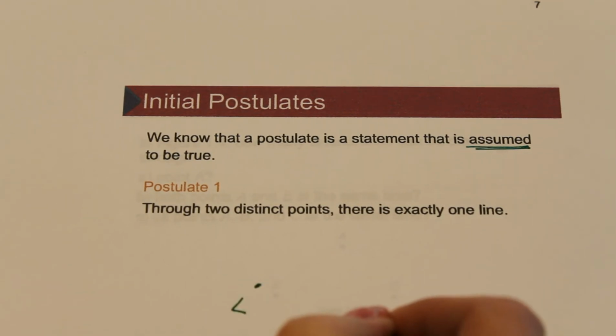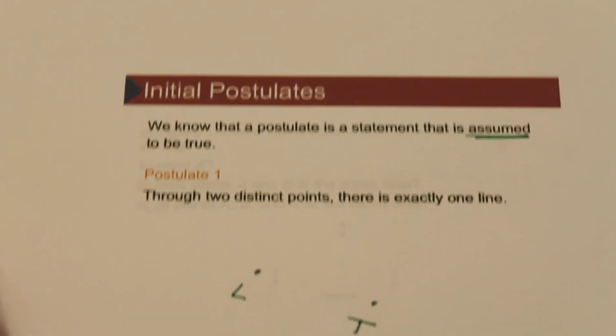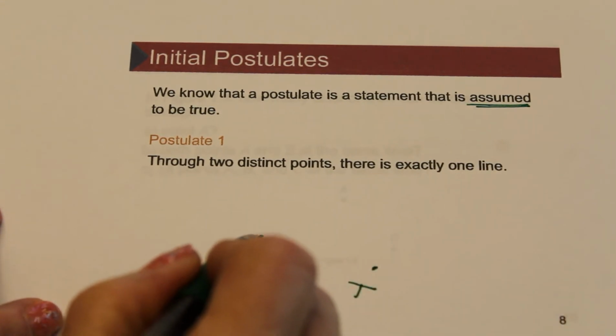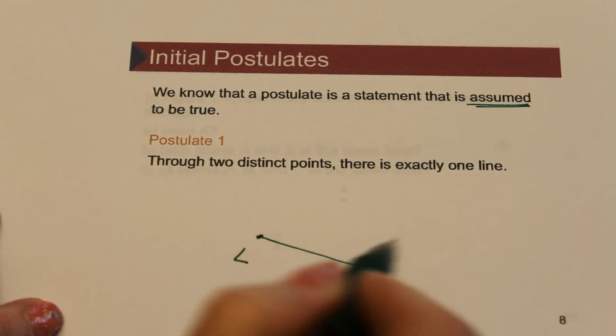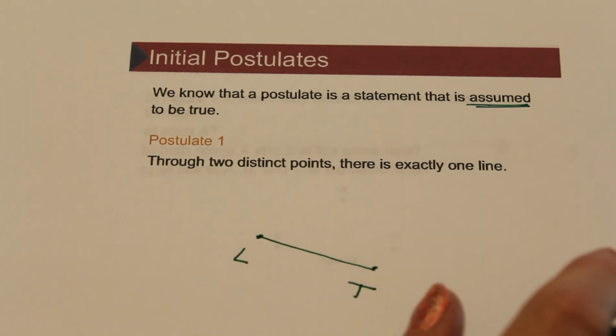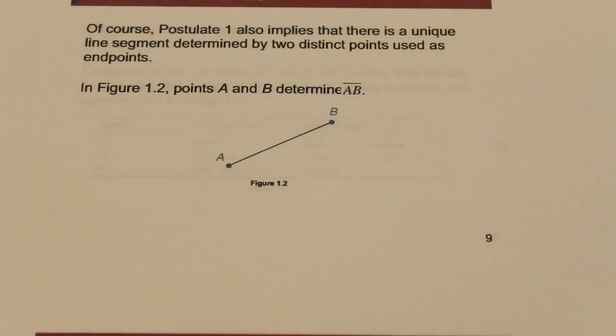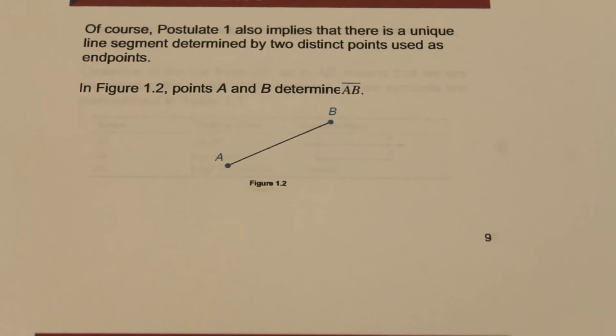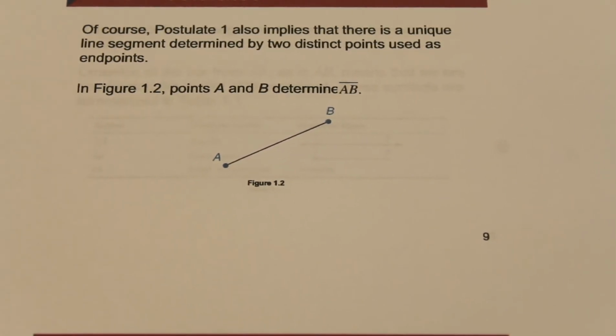So if I have the point L and the point T, I can only draw one line, one straight line through those points. This also implies that there's a unique line segment that's defined by its endpoints.